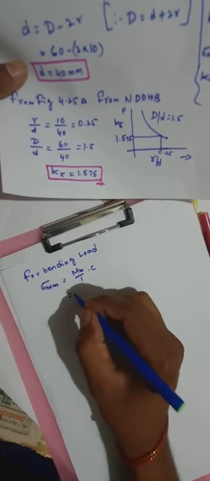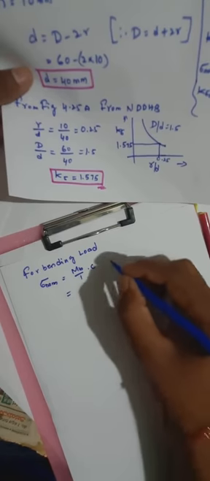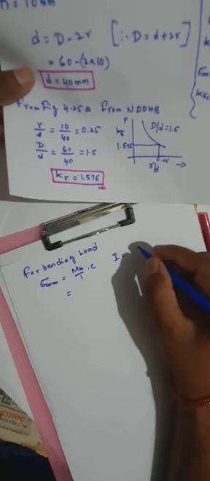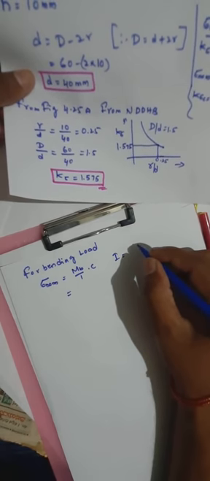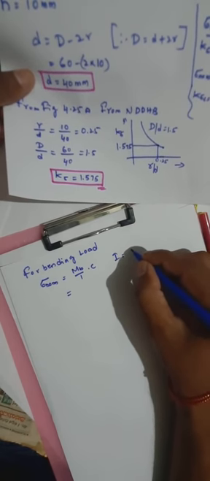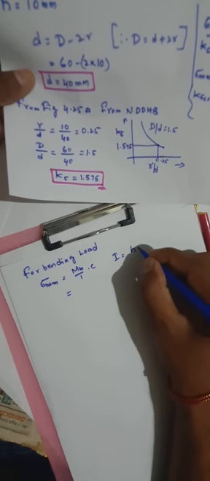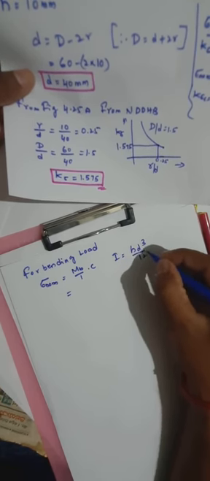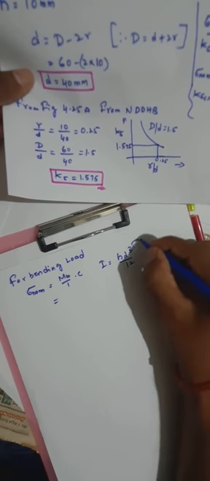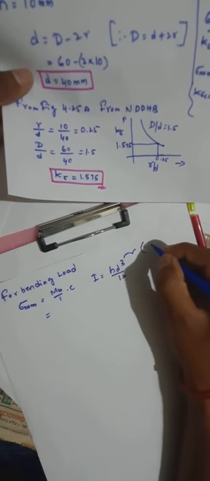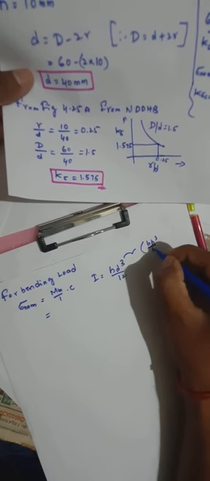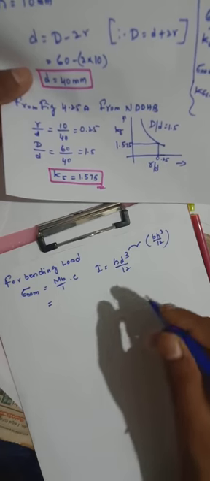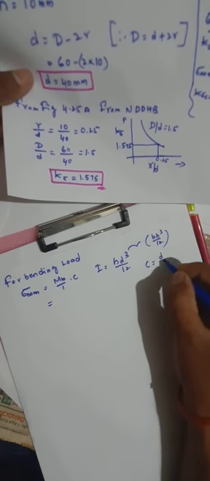Here I is the moment of inertia, and you can refer to that value from the design data handbook. The equation is B D H cube divided by 12, or we can write it in terms of B H cube divided by 12, where C is equal to small d by 2.